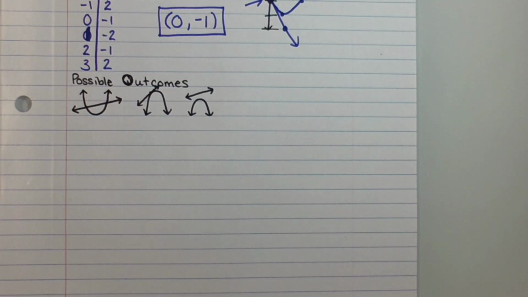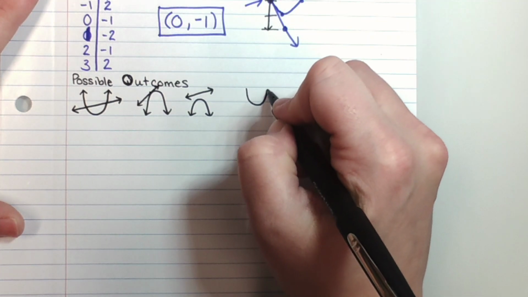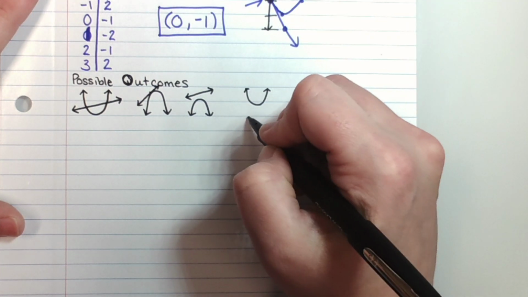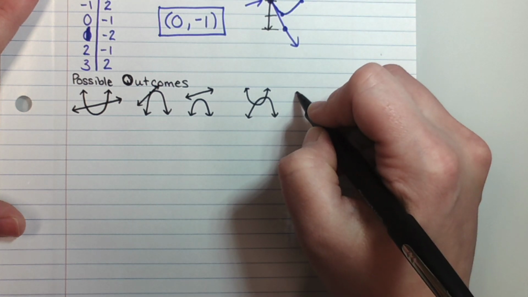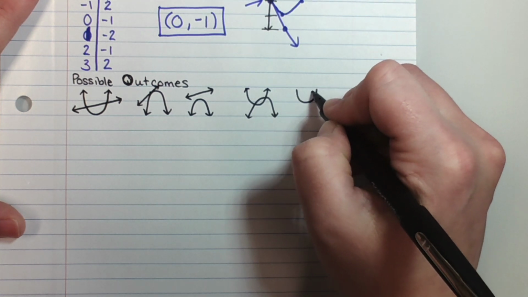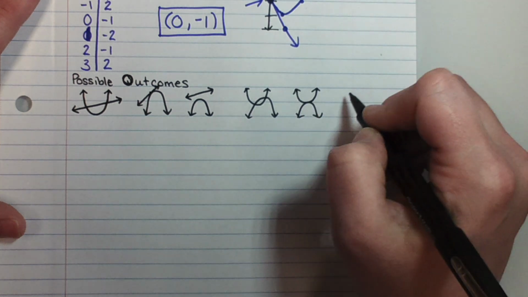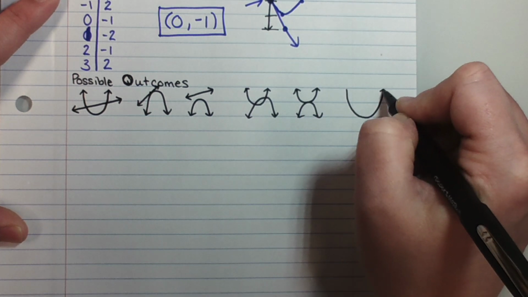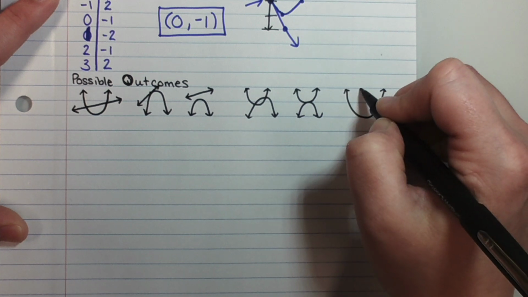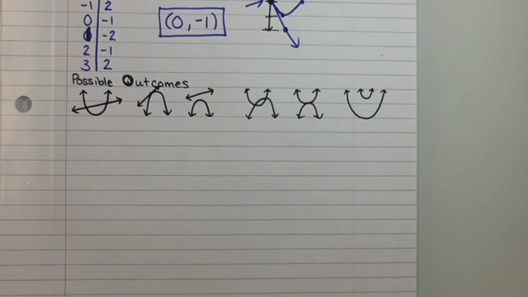When I graph two quadratic equations, they could look like this. They could look like this. Or they could look like this. And there are a lot more options on the general setup of what they can look like.